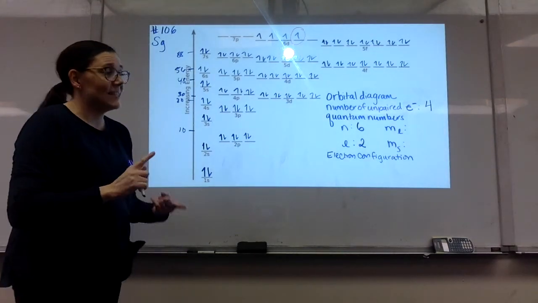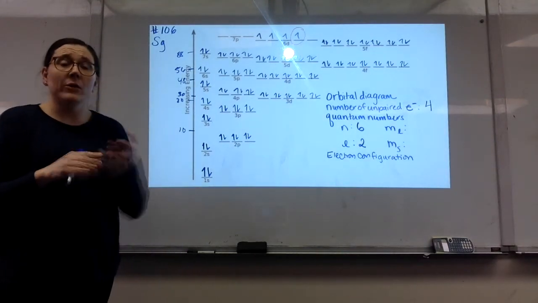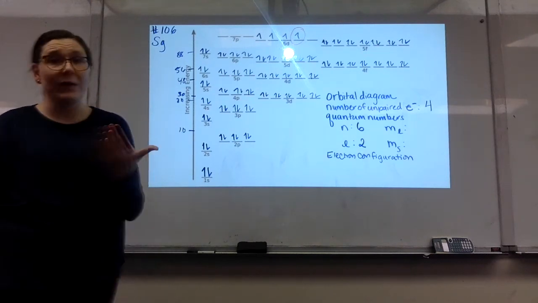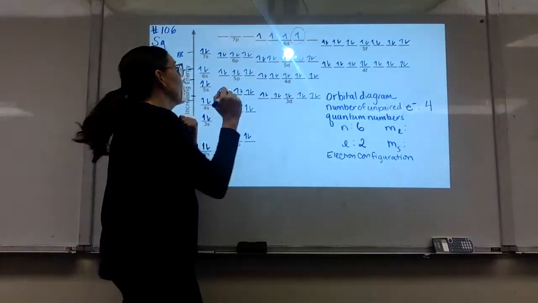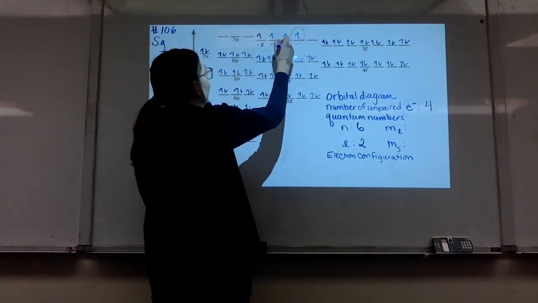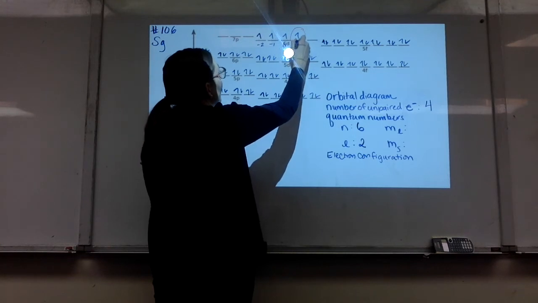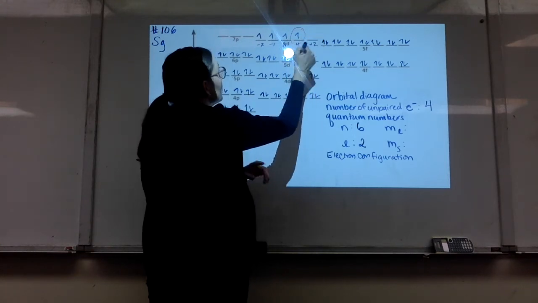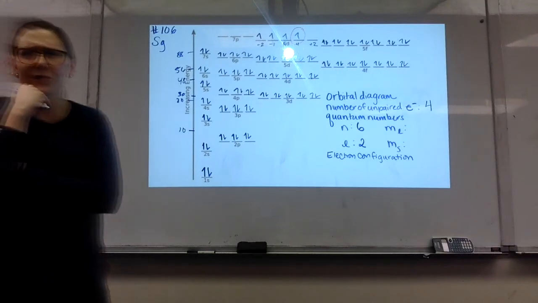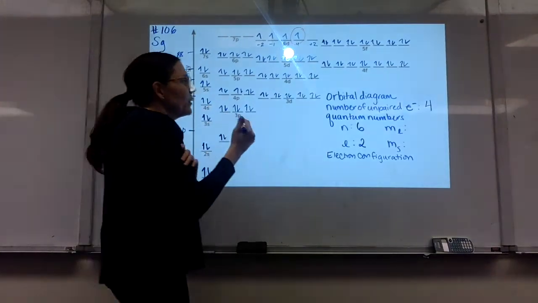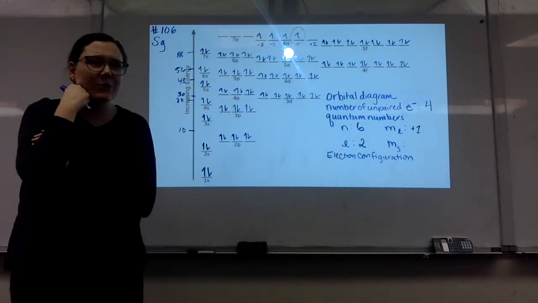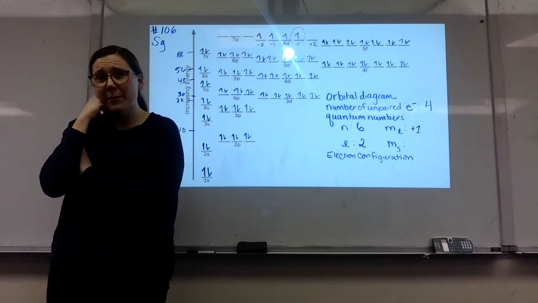Since L is 2, M sub L can be -2 up to +2 and every number in between. You could go in order and label these with those values, -2, -1, 0, +1, and +2, and then give the number designation of whichever line you landed on.